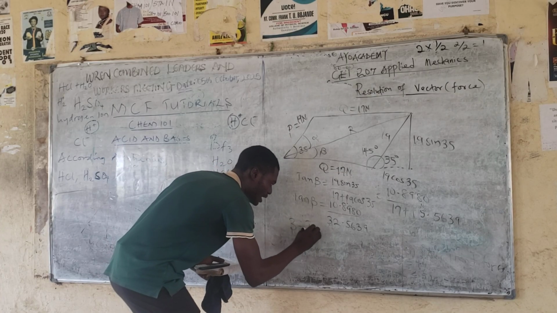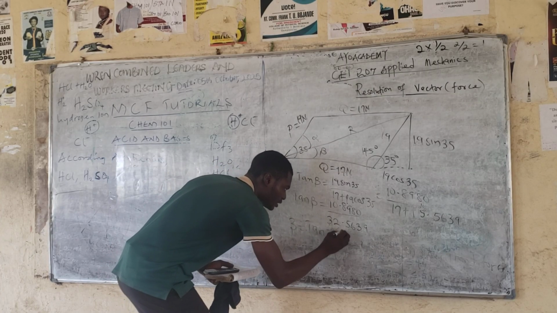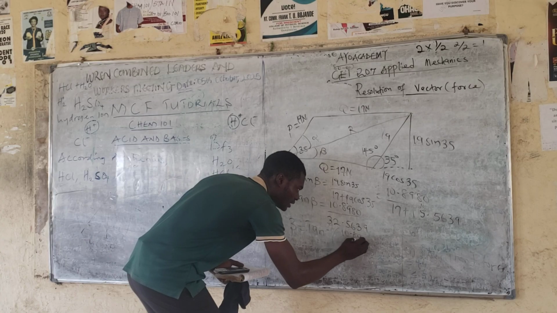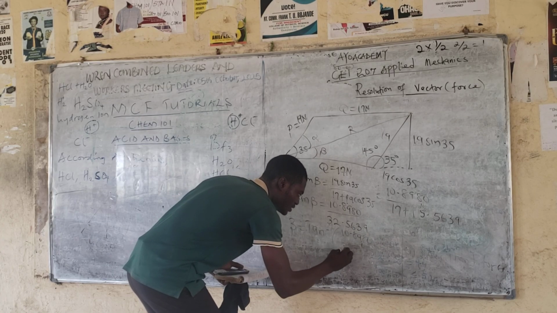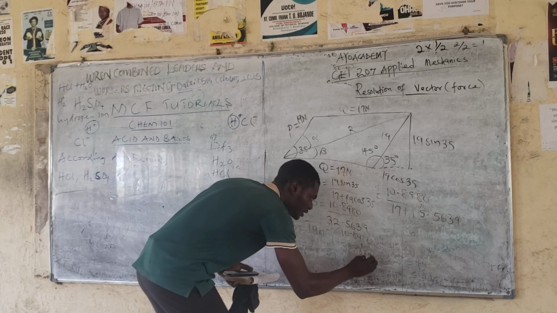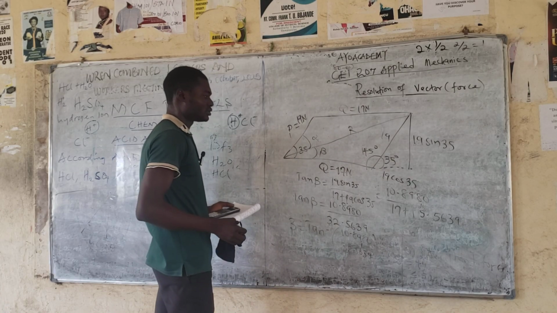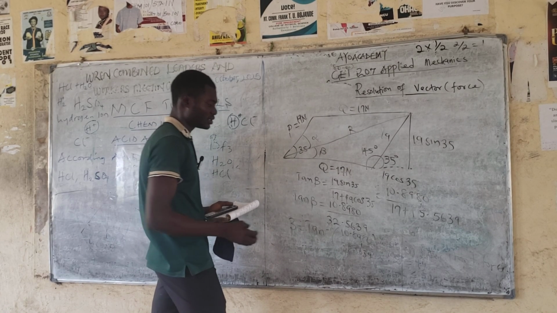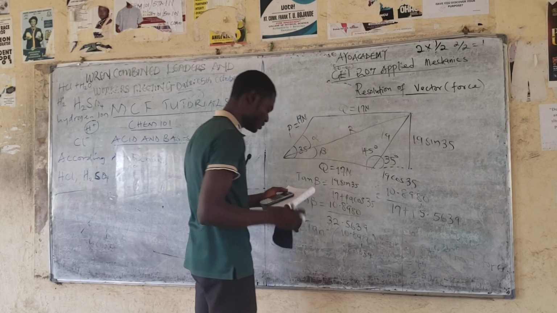So beta is equal to arctan of 10.8980 over 32.5639. Am I rushing? No. Okay. Are we getting it?